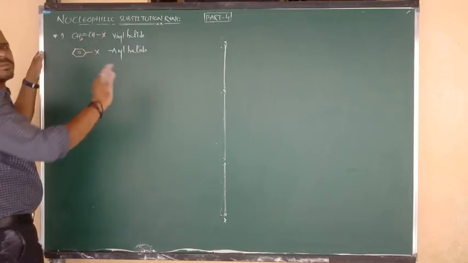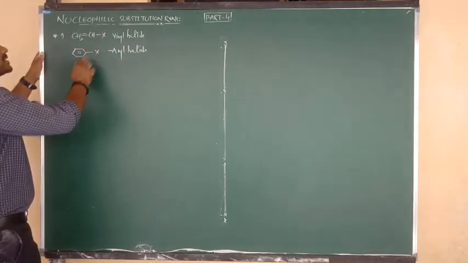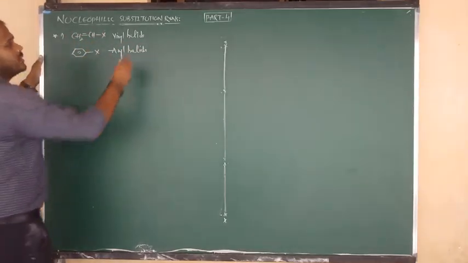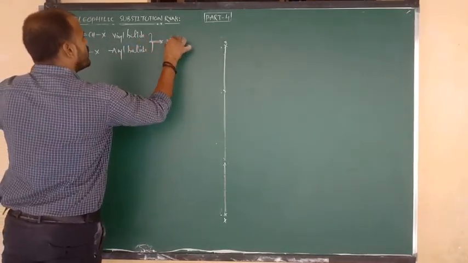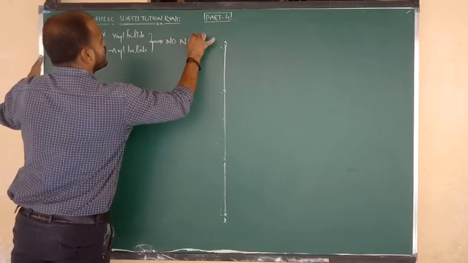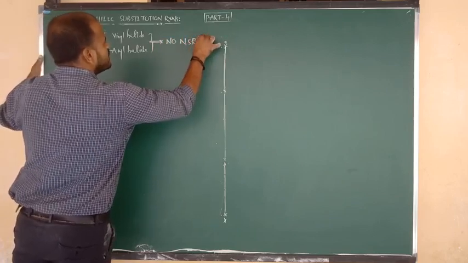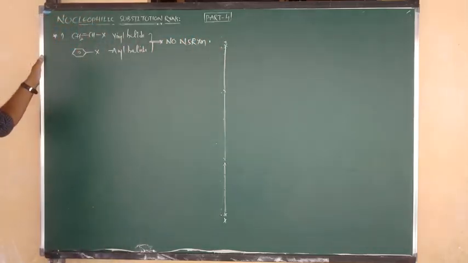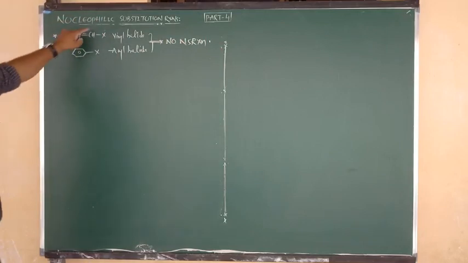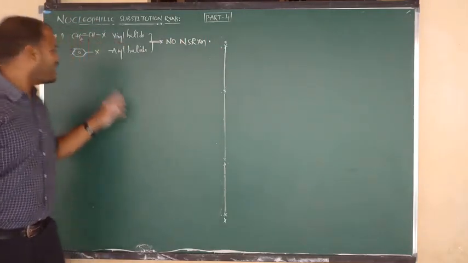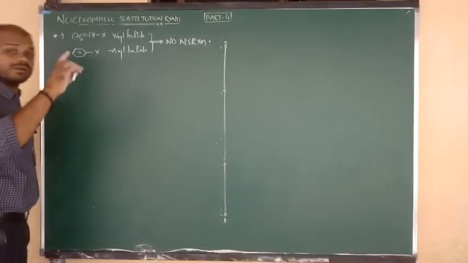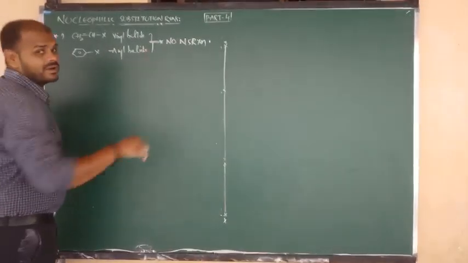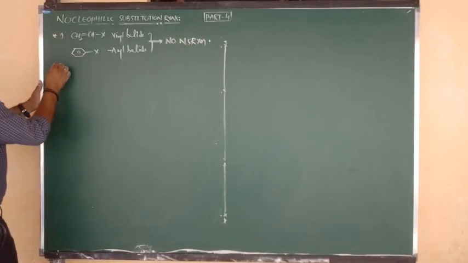Vinyl chloride, vinyl bromide, chlorobenzene, bromobenzene, whatever it may be. So these two halides are less reactive, or we can say do not undergo nucleophilic substitution reactions, because the vinyl carbocation is unstable and the aryl carbocation is unstable. Due to these unstable carbocations, they won't prefer nucleophilic substitution reactions.